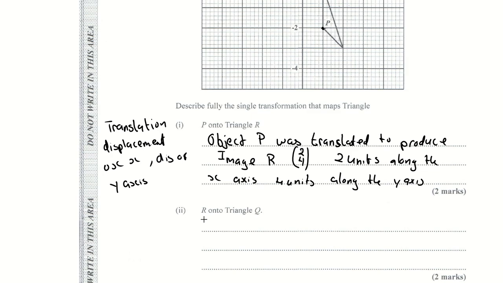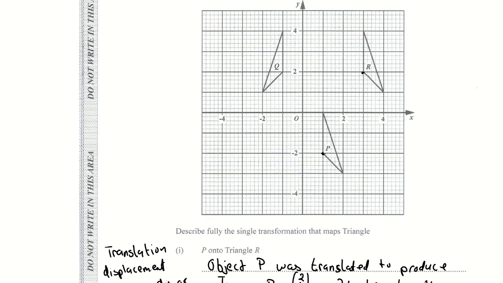Then we want to know how you would map R onto Q. Now, this here is clearly R was inverted. And anytime you see that it is inverted, that means there was a mirror line.